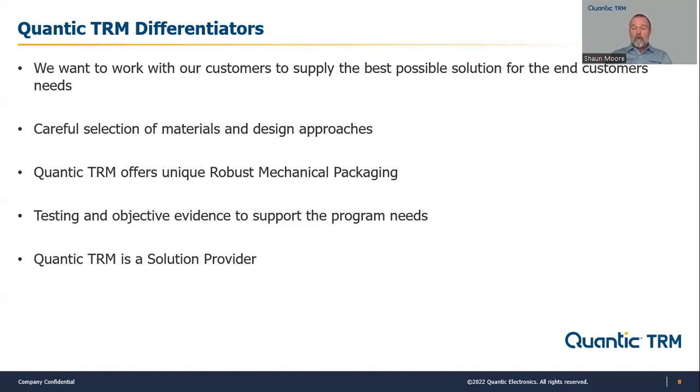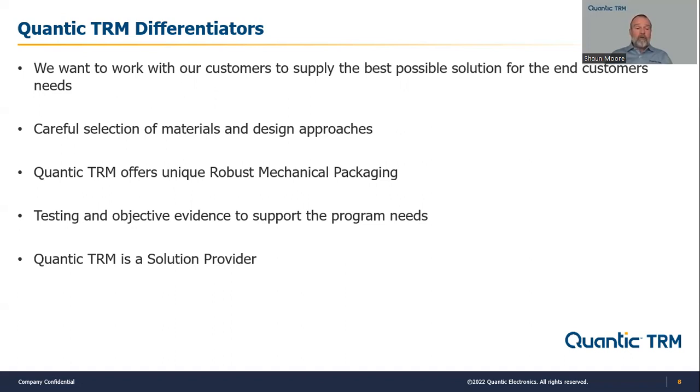In addition to that, we want to make sure that we offer the best overall value to our customer, which is whether or not the customer needs testing to support his design at the next higher level. We're happy to do that. Whether or not it is changing the way that we're building our packaging to make sure that what we end up with is indeed the most robust and most cost-effective package for our customers' needs.